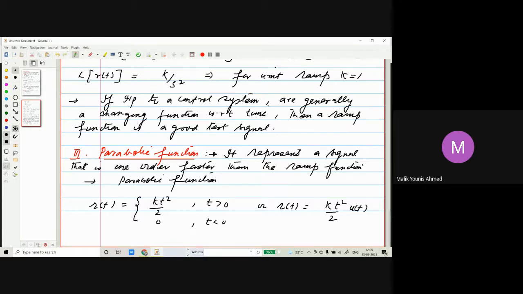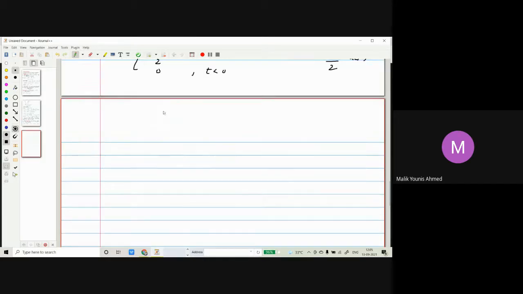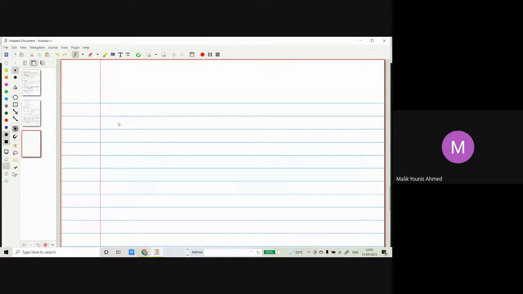Now if we draw this function, then the parabolic will be something like this.